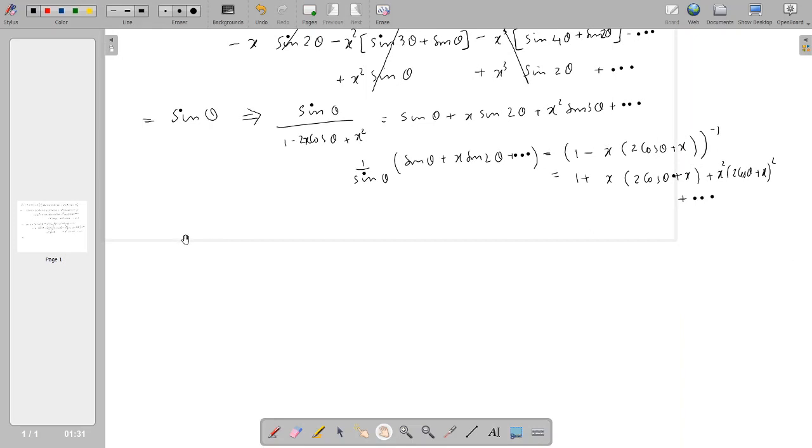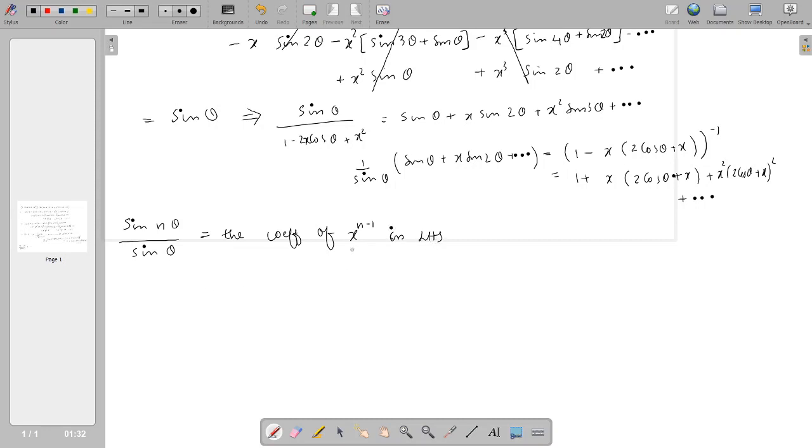So we need to collect the coefficient of x raised to n minus 1. So we have sine n theta by sine theta, that is the coefficient of x raised to n minus 1 in LHS.